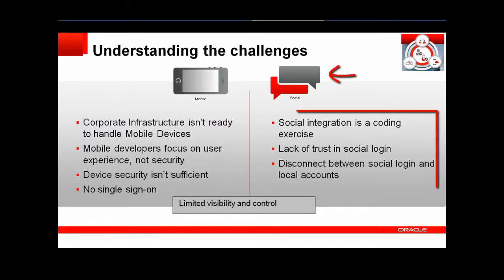On the social side of the house, social integration is a challenge today. You have a website, it might be a marketing or survey website, that you want users to access, but you don't want them to create accounts and things like that. You want them to use their social identities, their Facebook, LinkedIn or Gmail account.